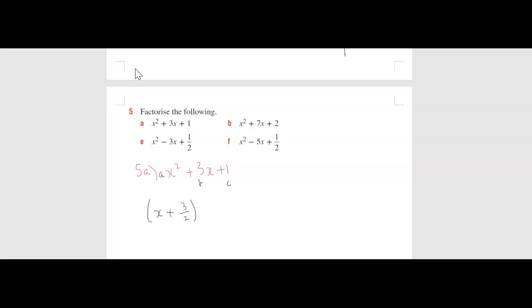Don't go writing that as 1.5, leave it as 3 on 2. The reason is that it is so much easier to work with improper fractions than mixed numbers or decimals. So we leave it as 3 on 2 squared, and then we subtract 3 on 2 squared, plus 1.